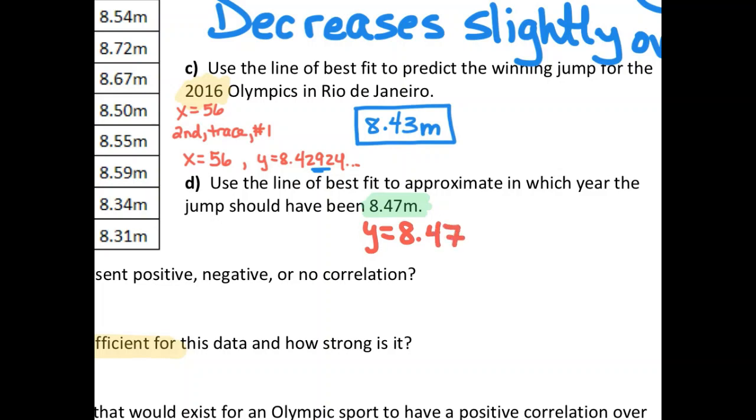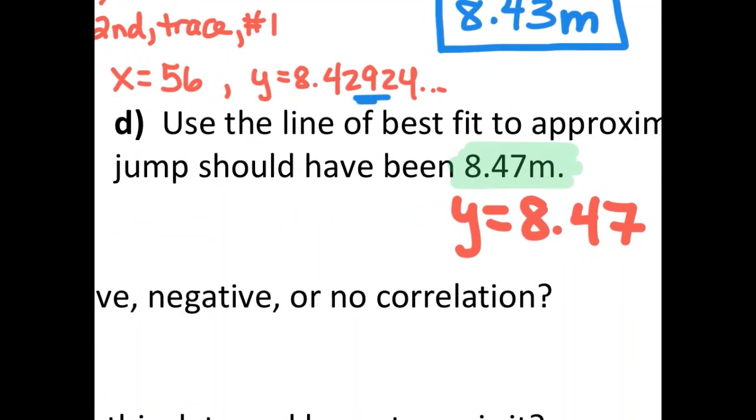So what you want to do here then is to go into your y equals screen. There's already an equation in y1, so you want to arrow down to y2 and type just the number 8.47, and then press graph again.